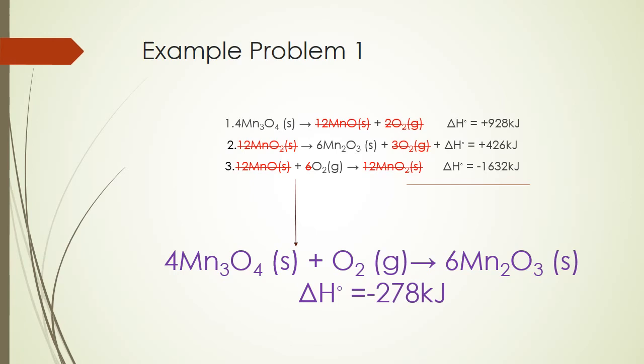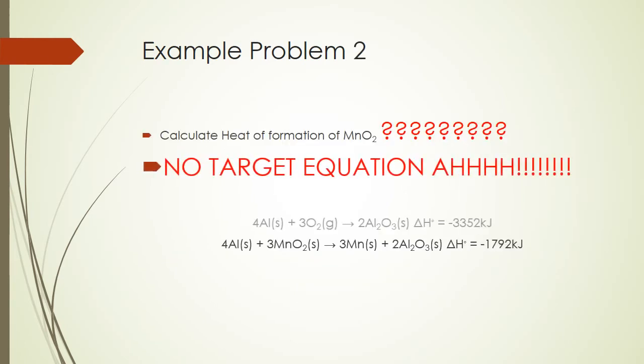You end up with your 4 moles of Mn3O4 as well as your 6 moles of Mn2O3, which in the end turns out to be your final target equation. You add up all your delta H's, keep in mind the signs, and you end up with your final answer of negative 278 kilojoules. So here we've done one example problem.